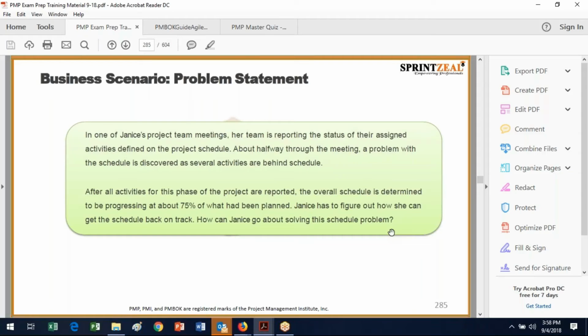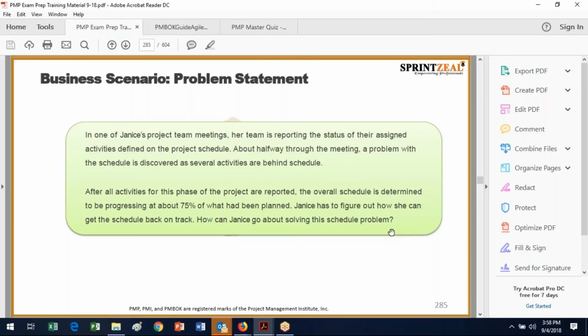Well, wouldn't we do a what-if scenario? We could potentially do that. I would definitely do a what-if scenario. I'd look at all my project activities.